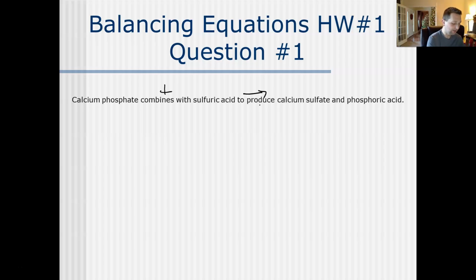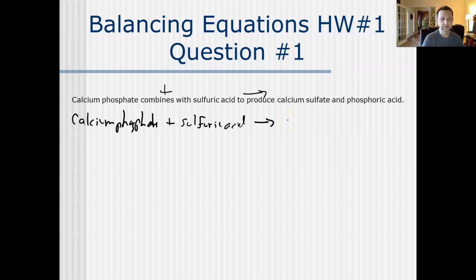So calcium phosphate, and it's hard for me to write on my screen here with this pen I'm using, combines with, so it's just plus, so you'll just write plus on your paper, sulfuric acid, to produce, you'll just put your yield sign, calcium sulfate, and, and is just plus phosphoric acid.